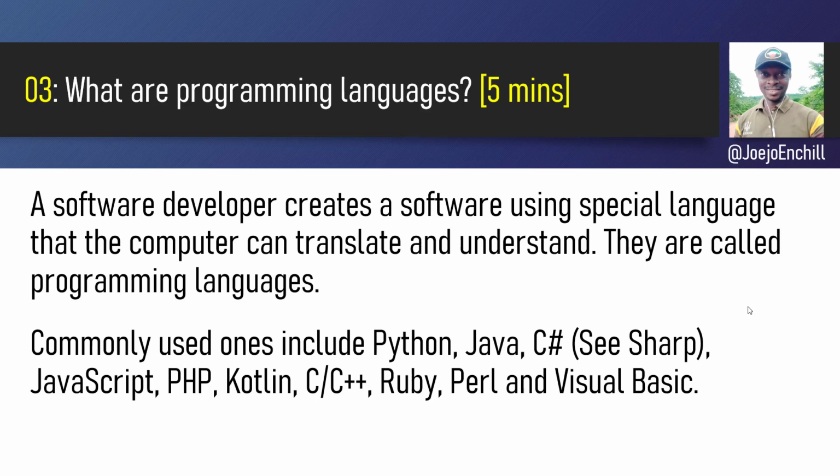There are thousands over thousands of programming languages available, but these are the commonly used ones, I mean, for general purpose programming. Mind you, the C with a number sign is pronounced C sharp. Okay, that's it for now on programming languages. It is our tool we will be using, so we will learn more about them as we move on.